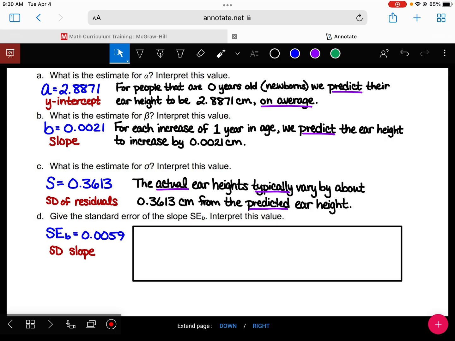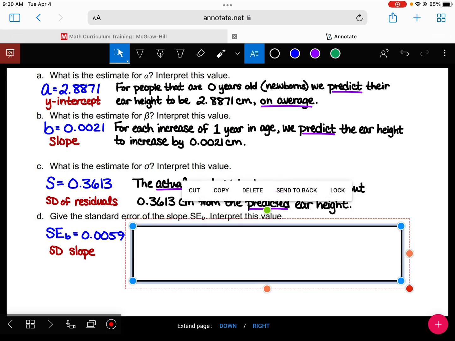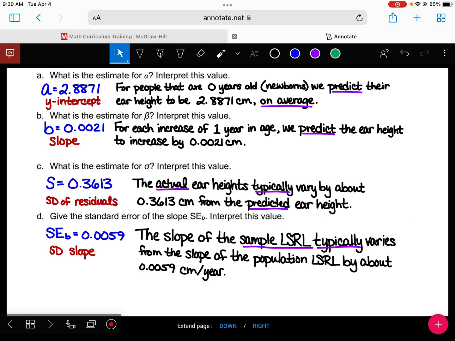But this is the standard deviation of the slope. So what would be varying? Would it be ear height? It would be the slope. The slope of our least squares regression line typically varies from the slope of the population least squares regression line by about 0.0059, and then I need some context in here, centimeters per year.